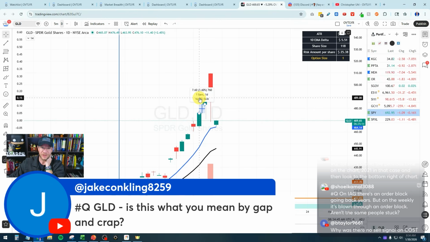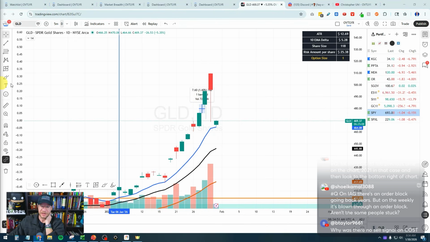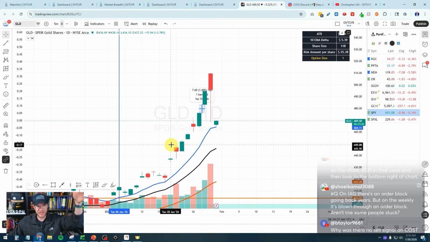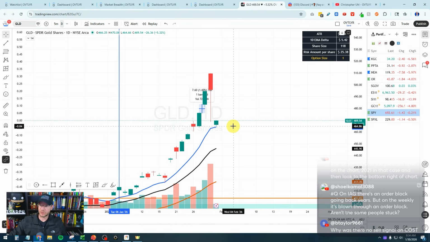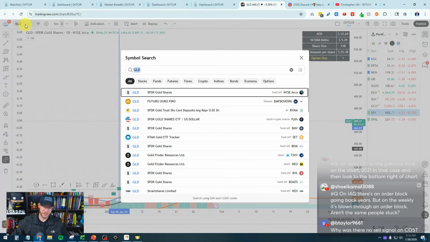That's only a 1.6% gap. It is a gap, but not a meaningful gap. In fact, when we back tested this, we looked at gap sizes, and we tested 1, 2, 3, 4, 5, all the way up to 10. And we found that 5 is the break-even point to be considered gap and crap. Now, gap and crap is where it, let's see.